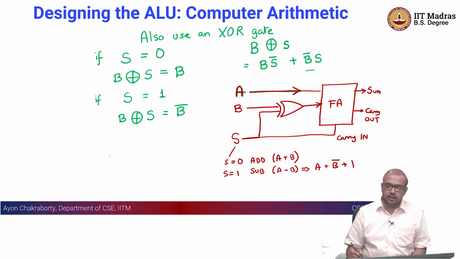So, we had been looking into the way we were constructing the arithmetic and logical unit that could support both addition and subtraction, and in the previous session we also looked into how binary subtraction is implemented, because we have already been introduced to addition.